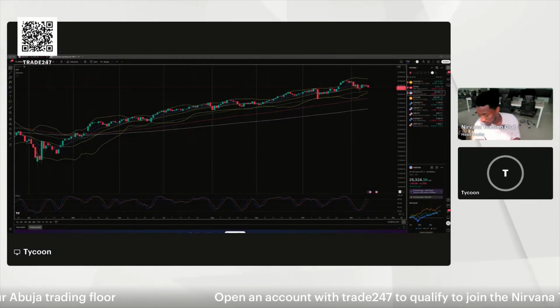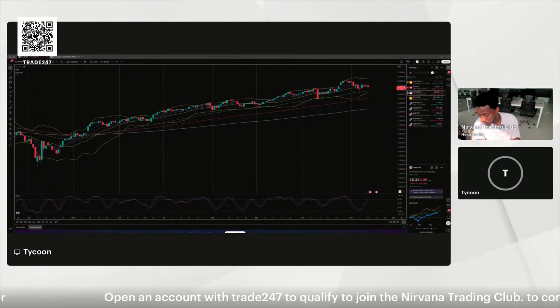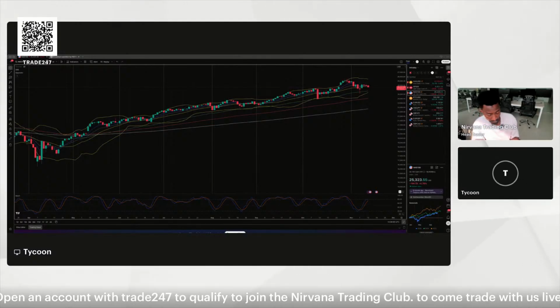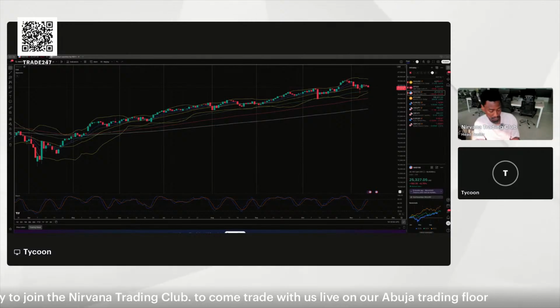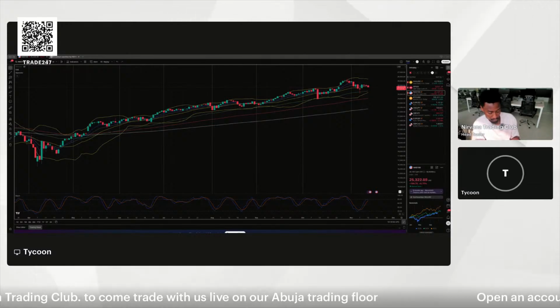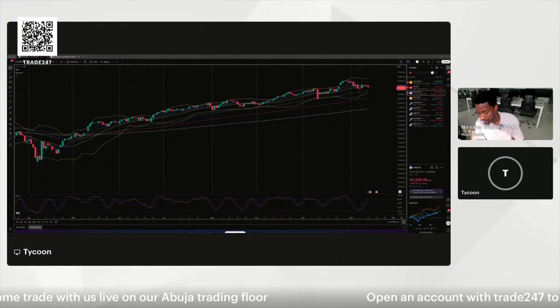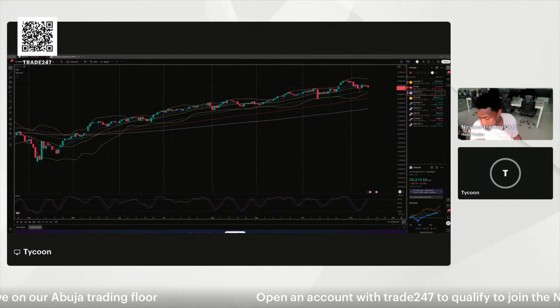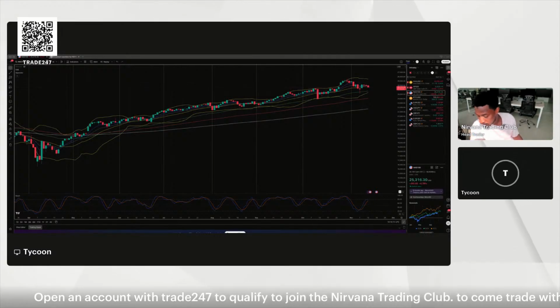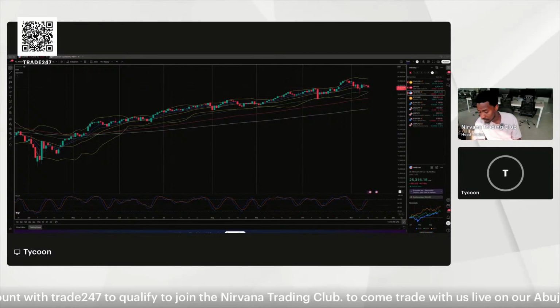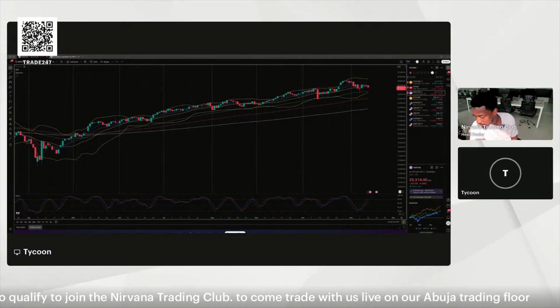When we look at the big picture, or let's say the medium-term picture, all of those markets are bullish. The Nasdaq is bullish, S&P 500 is bullish, US 30 is bullish. So we're only expecting buys there, right?